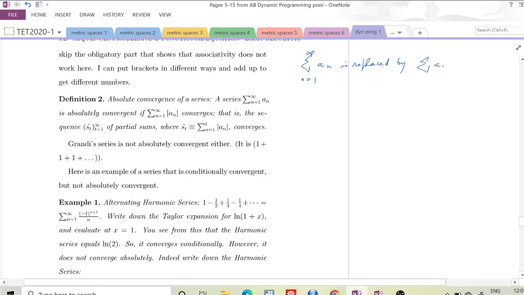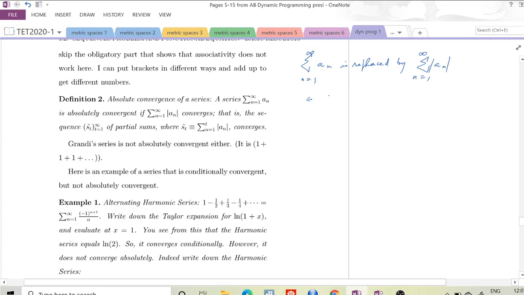Then this series just has all non-negative terms, and we can ask, does it converge in the traditional sense of does it converge to a real number? Yeah, that's what we are using in this definition.